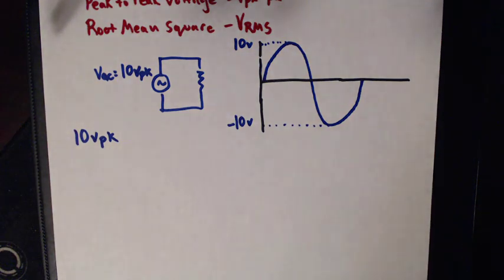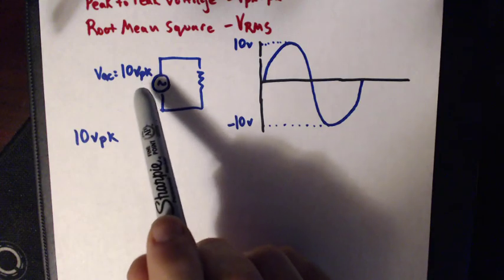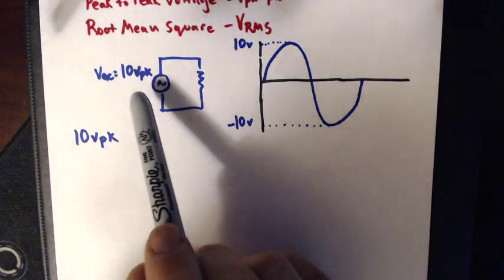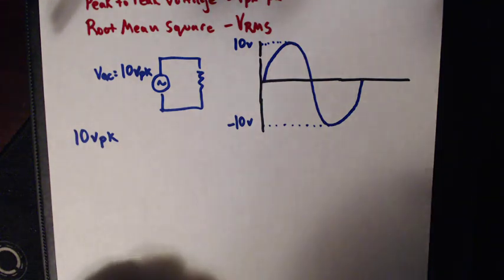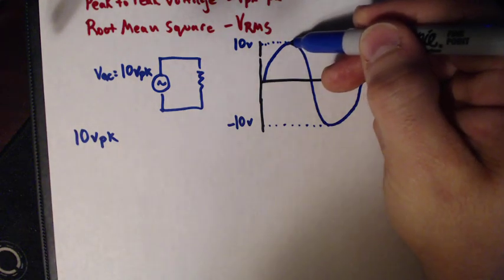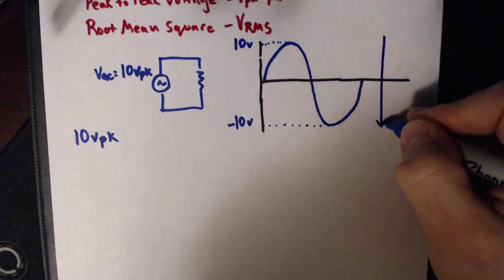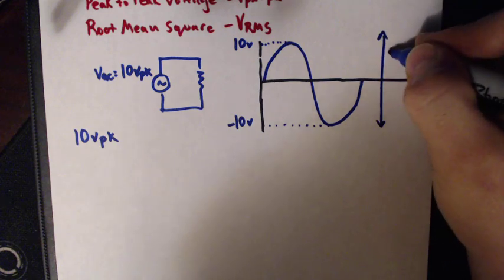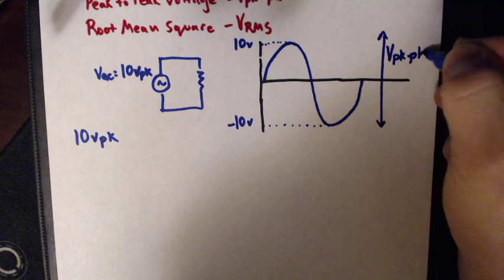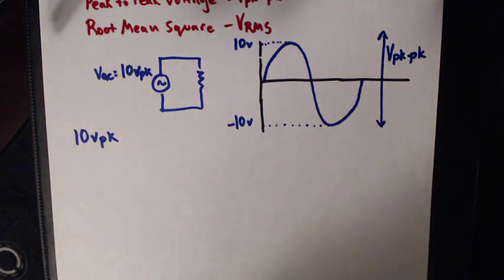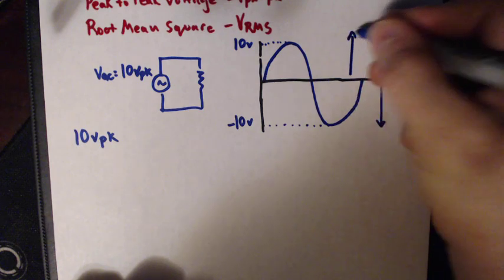Now, we also have another way to specify this exact same voltage. We could refer to it as a peak-to-peak voltage. Now, the peak-to-peak voltage is just the difference between the highest point and the lowest point, whereas the peak voltage was only in one direction.